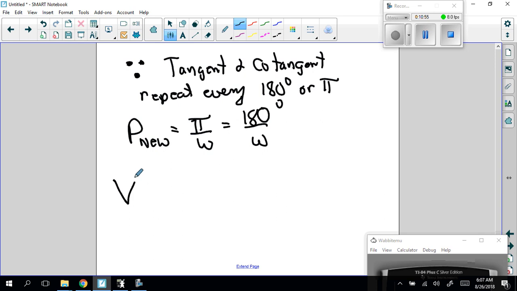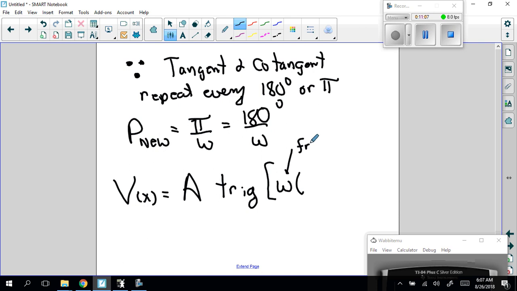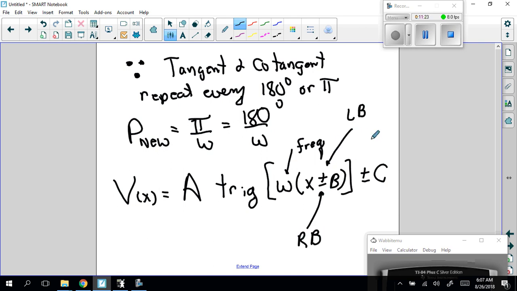But the formula: V of x, where this is called the vertical scale, this is your trig function, and this is a parenthesis, doesn't matter, that's your frequency that you're going to need in your period formula, x plus or minus b, plus or minus c, where minus is right b, plus is left b, plus is up c, minus is down c.